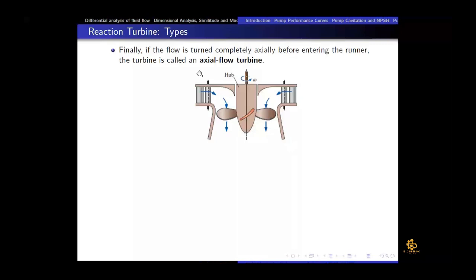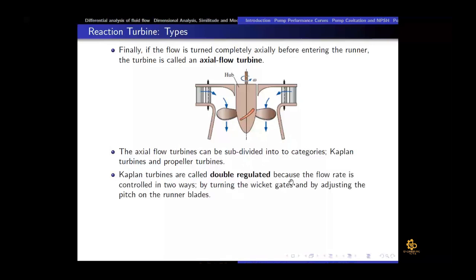And then there is another distinction between propeller turbine and Kaplan turbine. So what is that distinction? Kaplan turbines are called double regulated turbines because the flow rate is controlled in two ways: by turning the wicket gates, which are basically the guide vanes, and by adjusting the pitch of the runner blade.